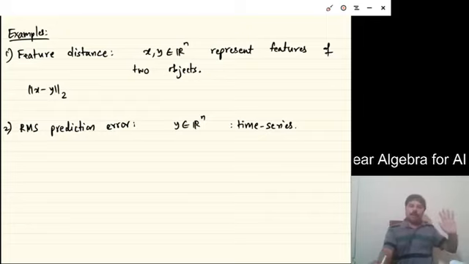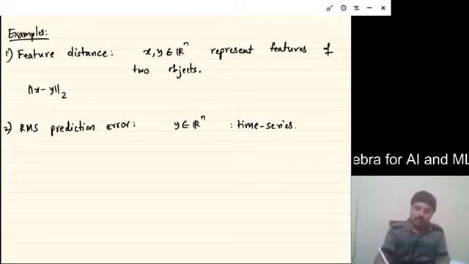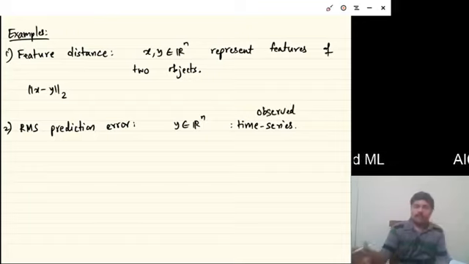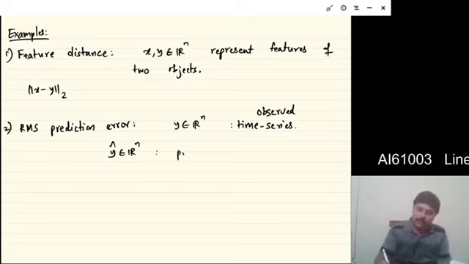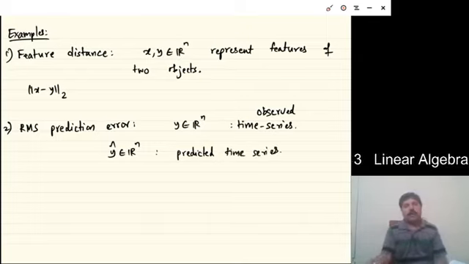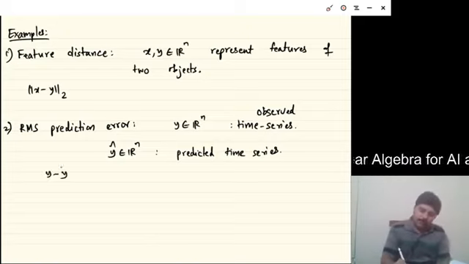By some model that I have already built, I can predict these values of the time series. So y is the observed time series, and the yi's are the observed time series values. Similarly, y hat in Rn, another vector, is the predicted time series, which comes out of the model that I have built. So y minus y hat is the prediction error.